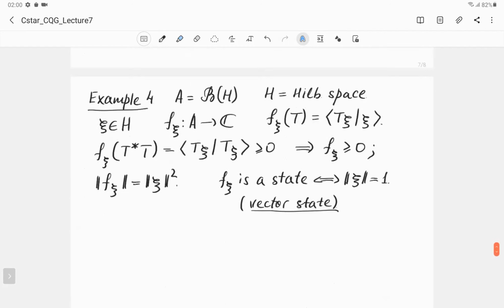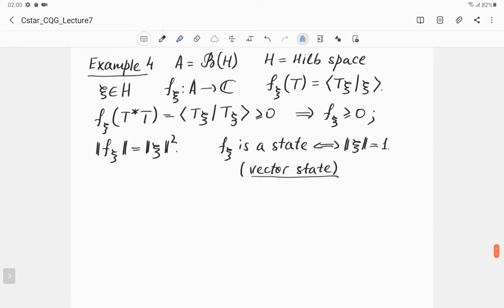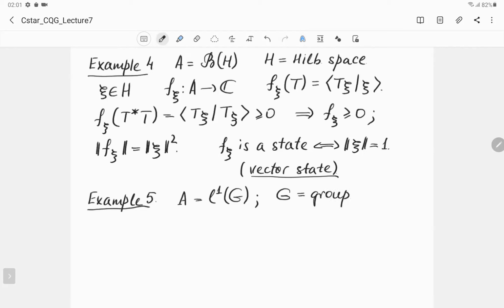Okay, maybe one more example of a state. Example 5. Let A be the group L1 algebra of a discrete group G. Also, this is an example and an exercise at the same time.